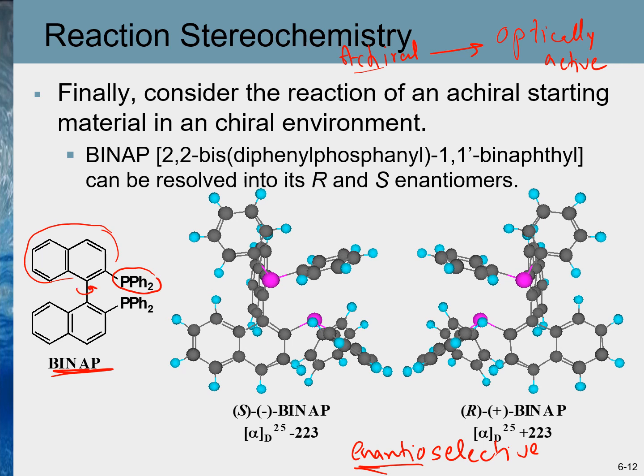So this large molecule exists either as an S or an R, levorotatory compound or a dextrorotatory. So it has two enantiomers, and they are mirror images of each other.